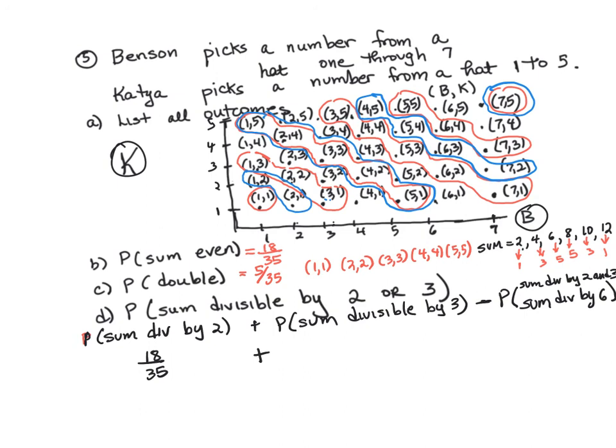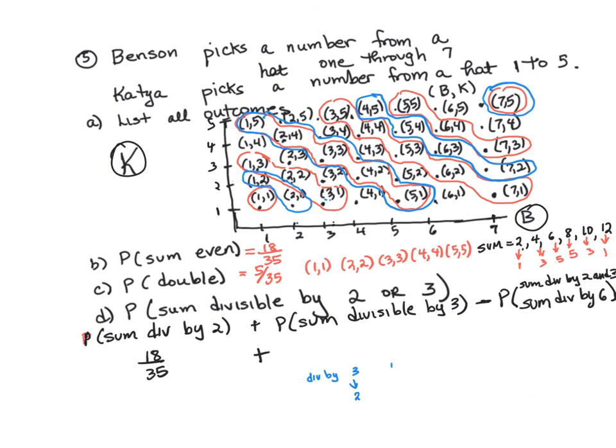So let's count them. Divisible by 3, we've got, so let's put a 2 here. That's a 1, 2, and 2, 1.